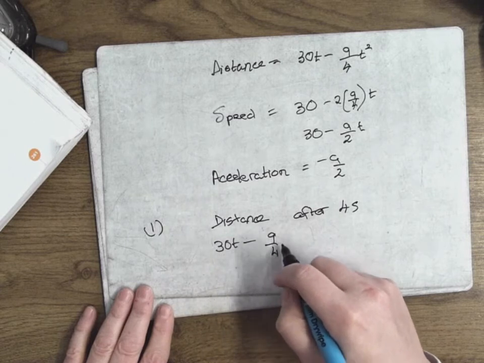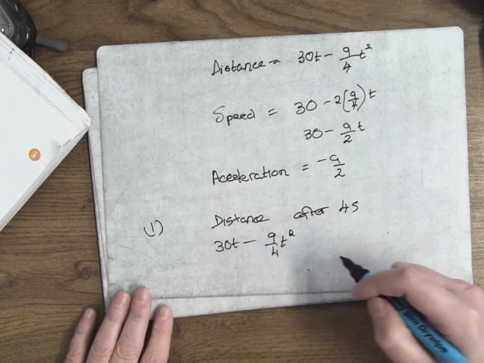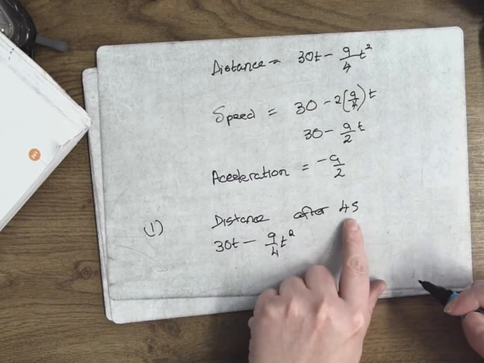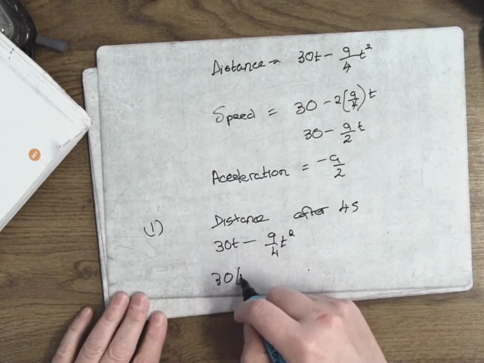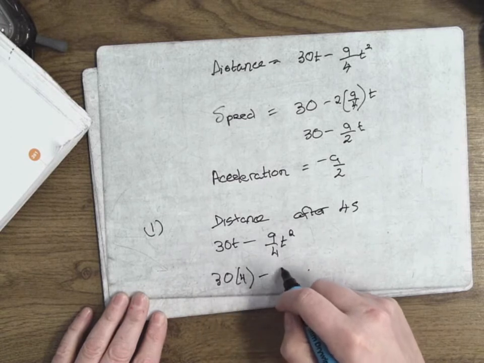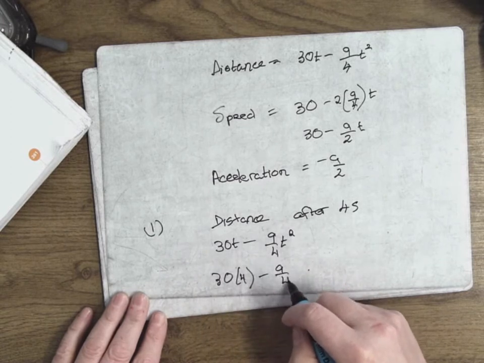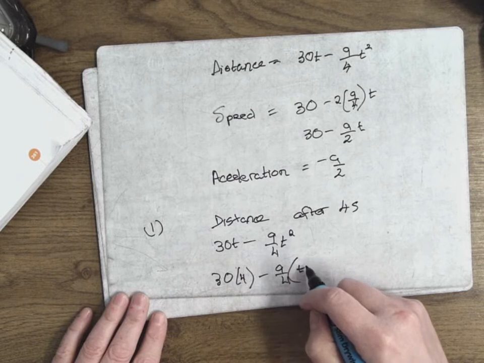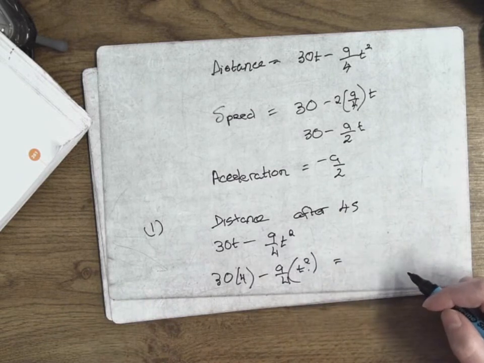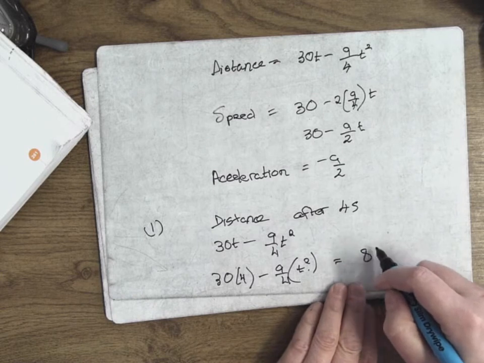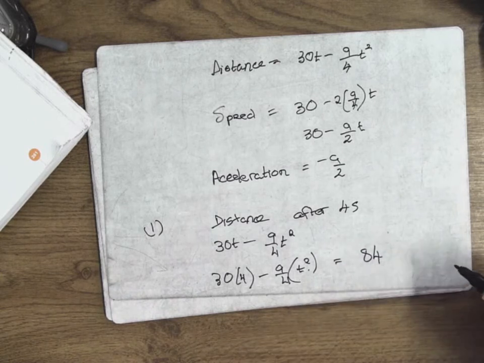So the top one, the distance one. Everywhere I see a t, put in a 4. So it's 30 times 4 minus 9 over 4 times 4 squared, so that's 84. Right, is that okay?